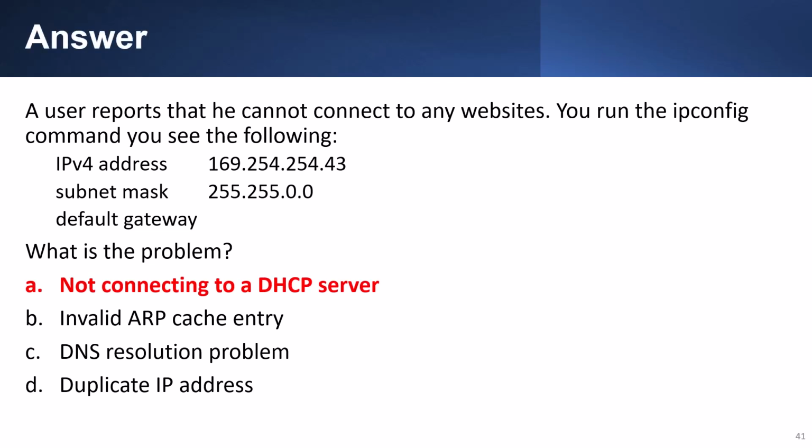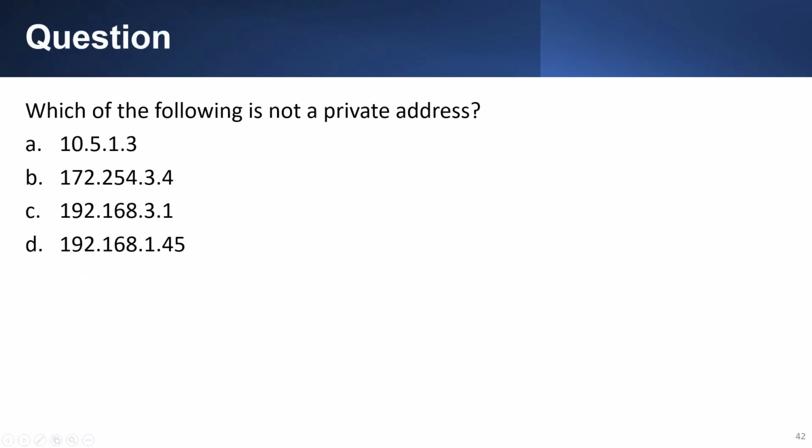Answer: not connecting to a DHCP server. Question: which of the following is not a private address? Answer: 172.54.3.4.